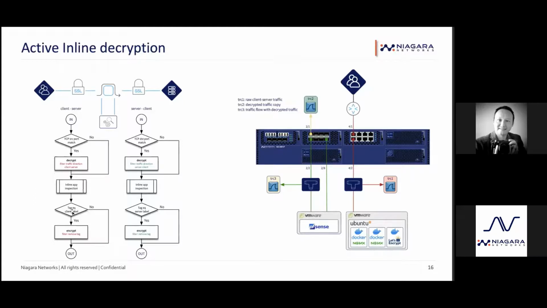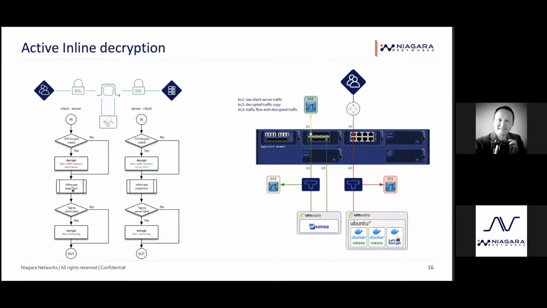When the traffic comes out, we don't know whether this was encrypted traffic or just traffic forwarded from the input port immediately. So what the encryption engine is doing is it adds a label to the traffic. So all encrypted traffic or decrypted traffic gets a label.